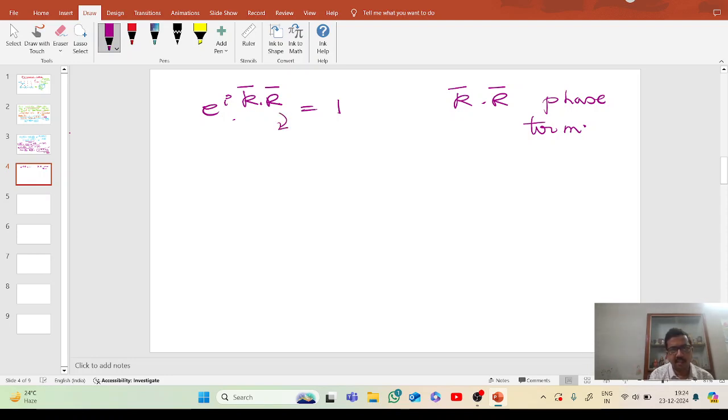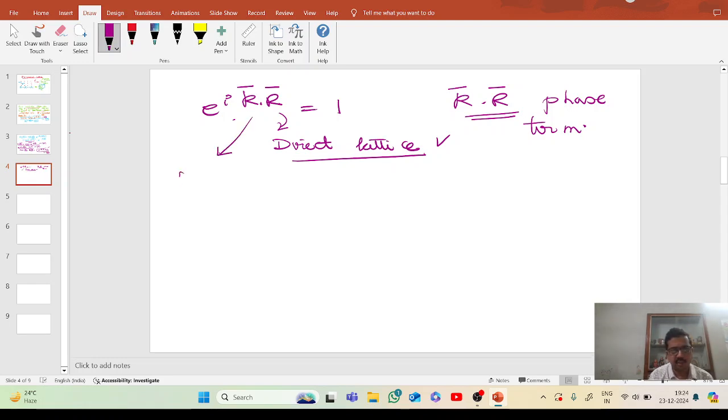Now R is in direct space, the direct lattice that we have already defined. So as this is phase, phase is independent of any kind of lattice vector. So k would be inverse of direct lattice.